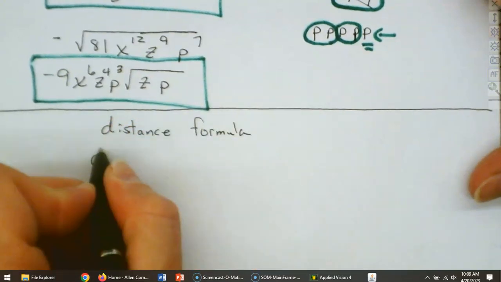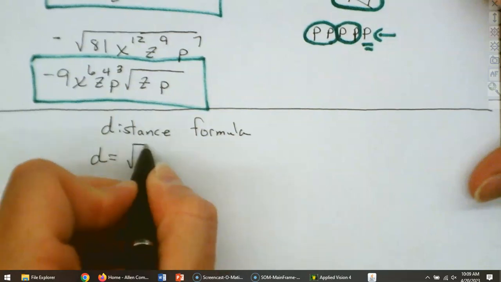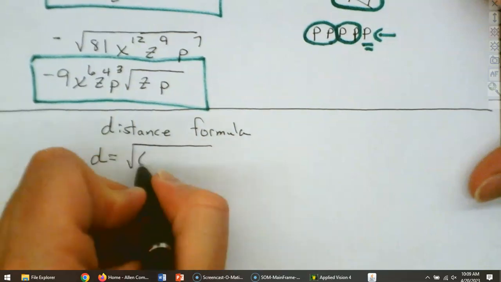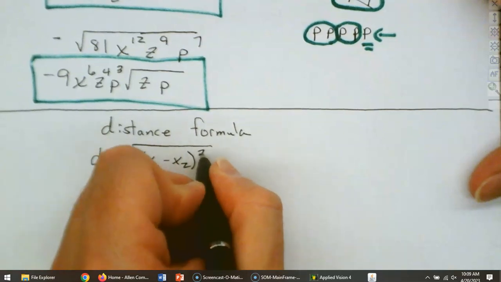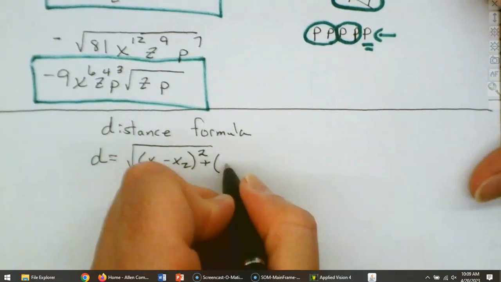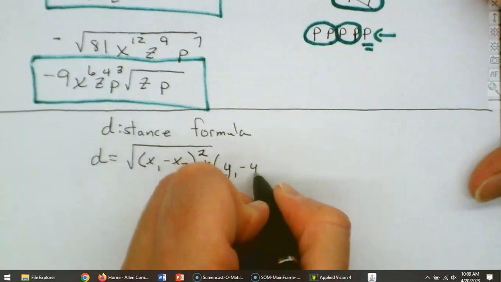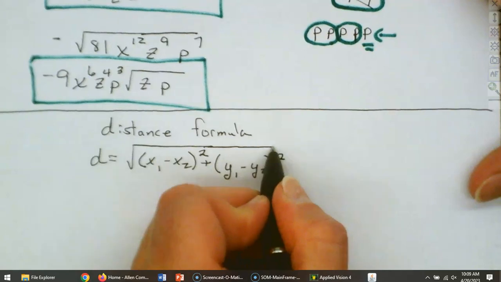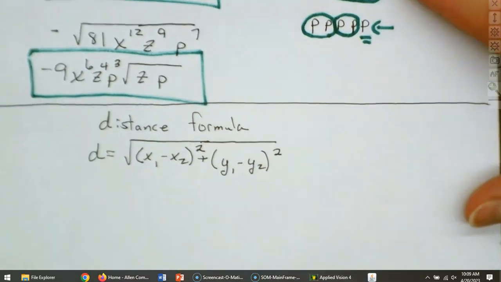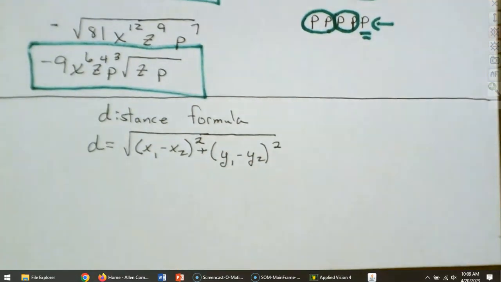The distance formula is d equals the square root of x1 minus x2 quantity squared plus y1 minus y2 quantity squared. So there's our formula. Now we set it up the same way that we use the slope formula.